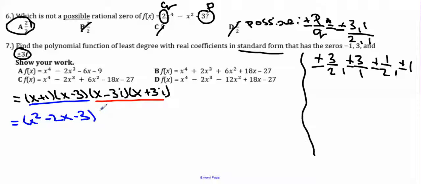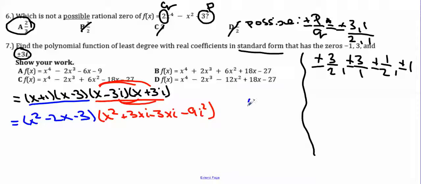Now I'm going to multiply together my imaginary factors. So I'm going to distribute x times x is x squared, x times negative 3i is negative 3xi, x times x is x squared, x times 3i is a positive 3xi. Then negative 3i times x is a negative 3xi. Then negative 3i times positive 3i is negative 9i squared. So don't forget, what does i squared equal? i squared equals negative 1.